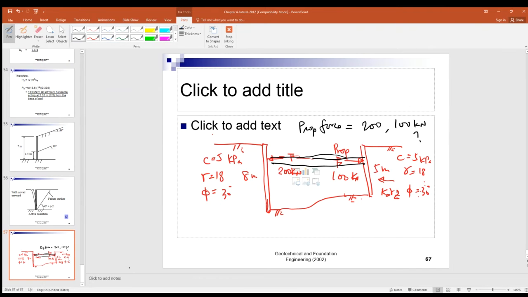They are facing in opposite directions, facing each other. So what's the force in that prop? Do you understand my question?